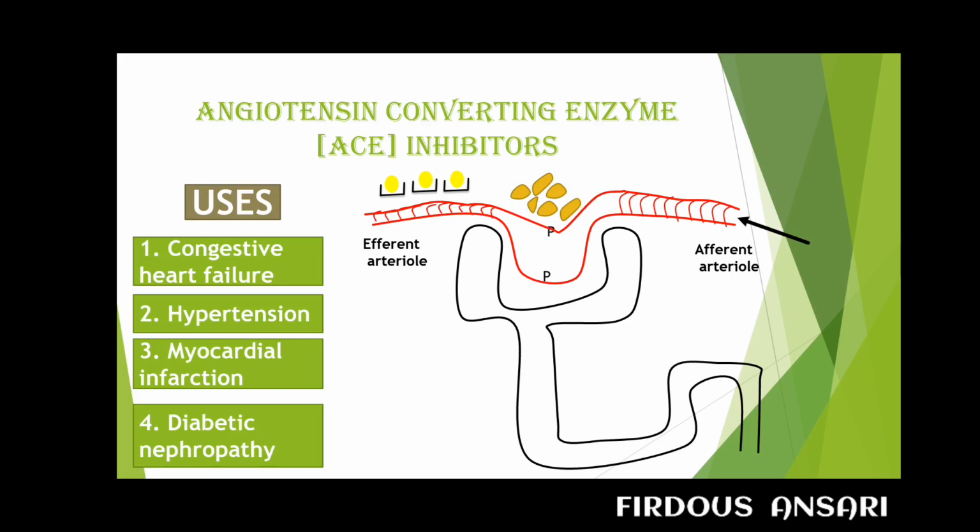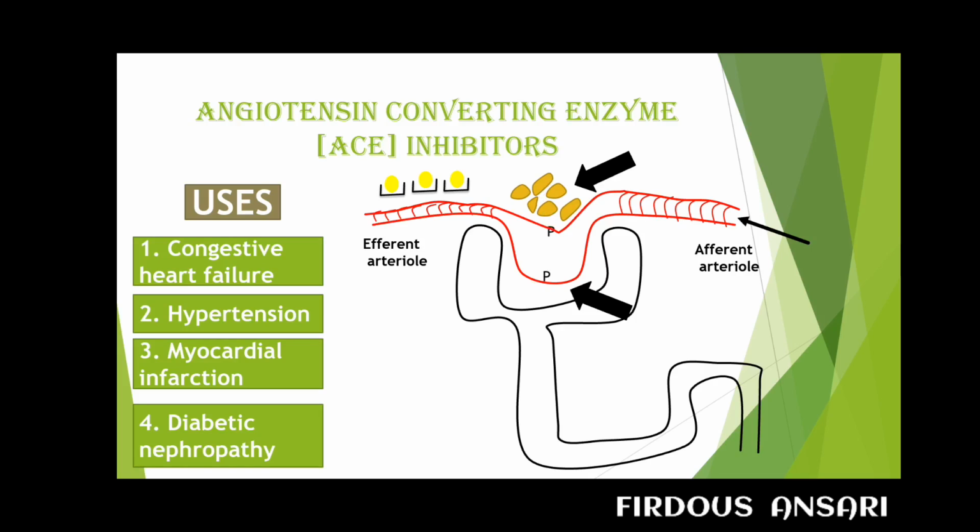The result of protein approaching the mesangial cell is overgrowth of these mesangial cells, and the result of protein approaching the basement membrane is damage of the glomerular endothelial basement membrane, thereby causing damage of the entire glomerular apparatus. So this is what happens in diabetic nephropathy.